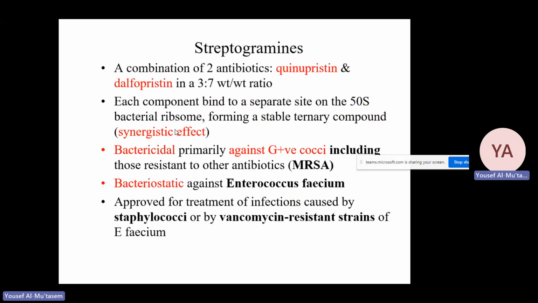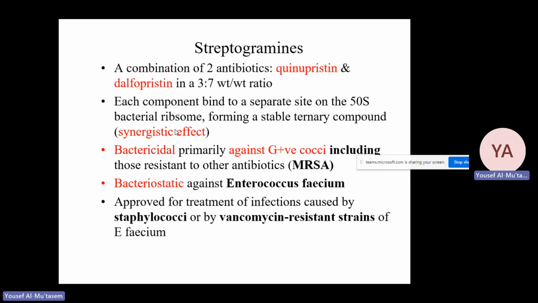The last group about protein synthesis discussed in these slides are the streptogramins. There's still one more group called the linezolid, but unfortunately it is not discussed in the slides.